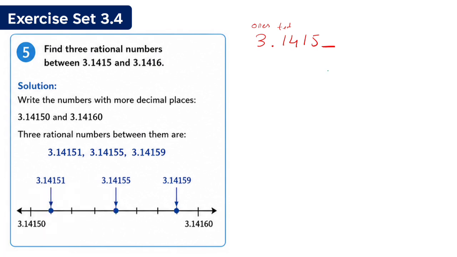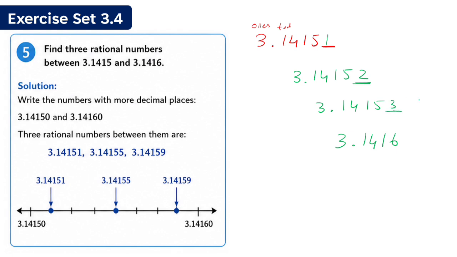And from this point we start and we have to go to 3.1416. So you can just keep adding additional digits, like it could be written as 3.14151, and then the next decimal could be 3.14152. The next one could be 3.14153.